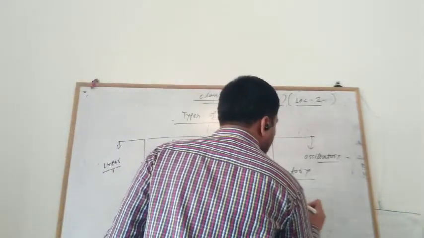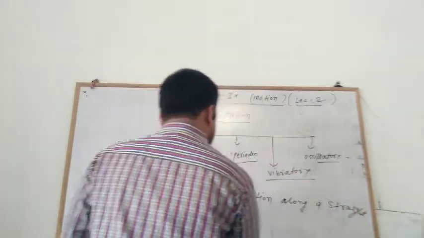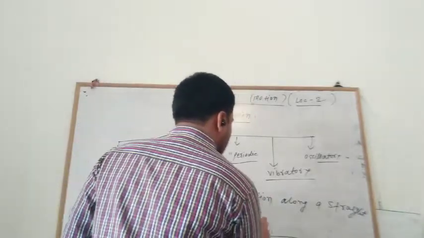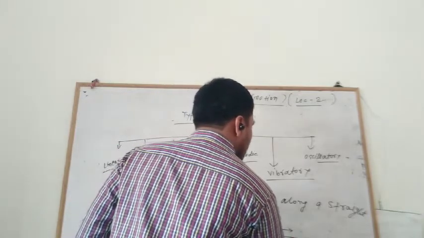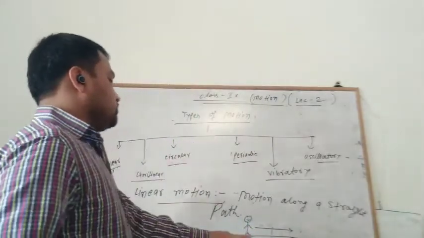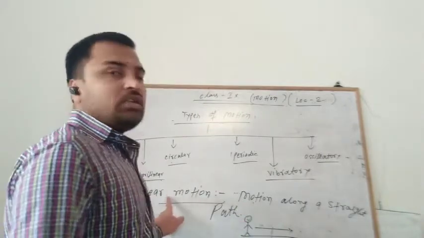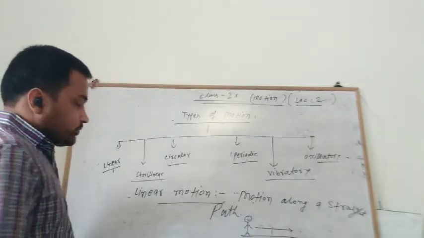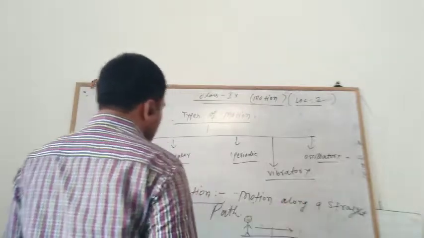Consider this man moving along this straight path. This man has a linear type of motion. The motion along a straight path or a linear path is called linear motion.